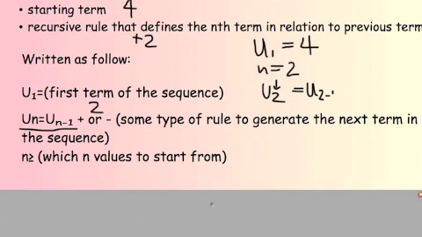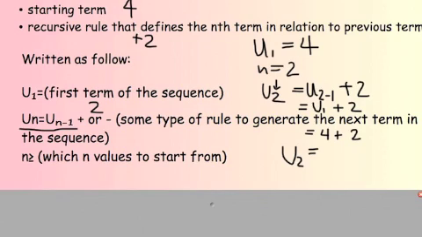Again, 2 minus 1 is equivalent to 1. And we're going to add 2 to it. Okay? So this is what it looks like now. It would be U1, meaning take your first term and add 2. So I'm going to take my first term, which is 4, and I'm going to add 2. Which means when we're looking for U sub 2, the second term, it will then equal 6.